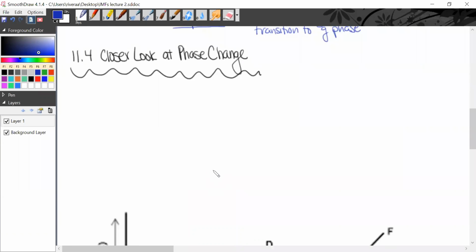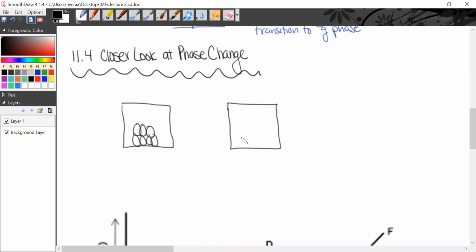Phase change. Let's review some things we already know. Let's draw some diagrams. Solid. The AP exam loves diagrams. Now listen, I always draw my liquids just at the bottom of the container.